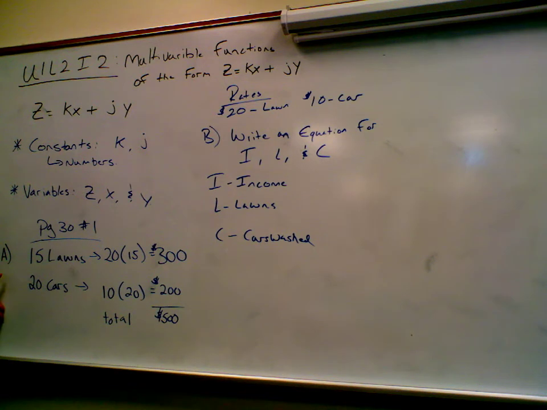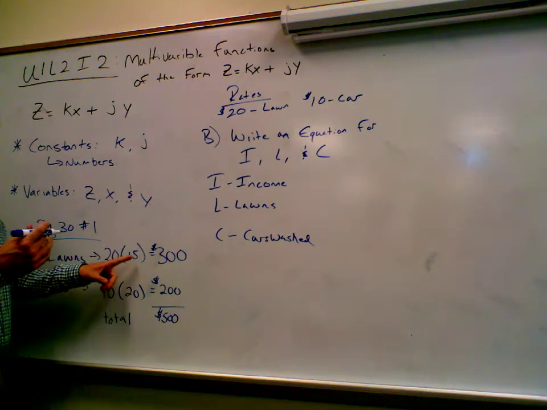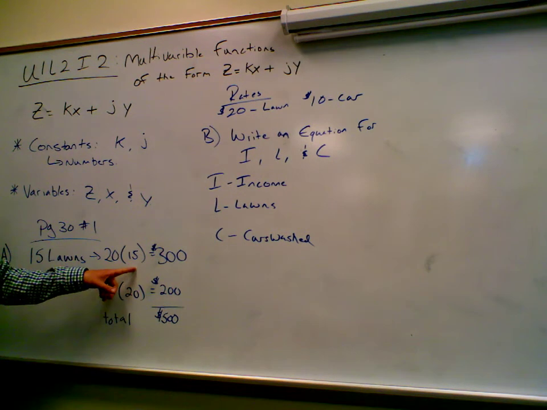Now we can use what we did back here as our example to kind of get started. Back here, what do we do? We multiply 20 and 15 because 20 is the constant, the rate, and 15 was the number of lawns.